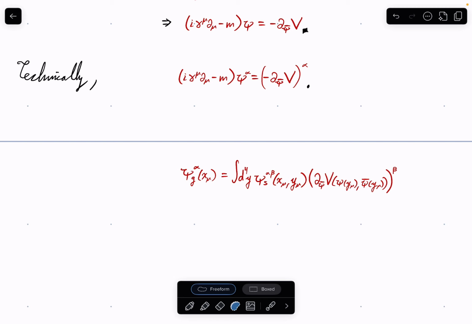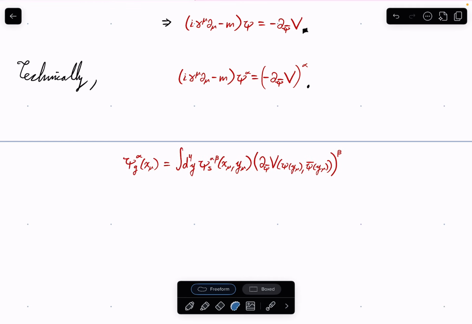So a general solution will look like this. It's not super in line, so just trying to get it to look a little better. There we go.